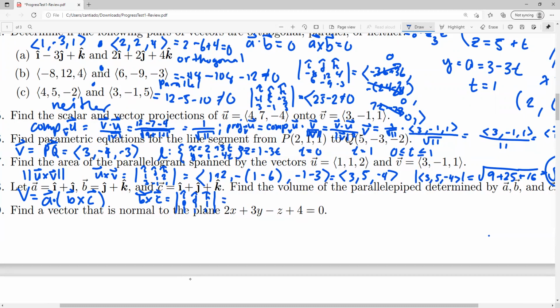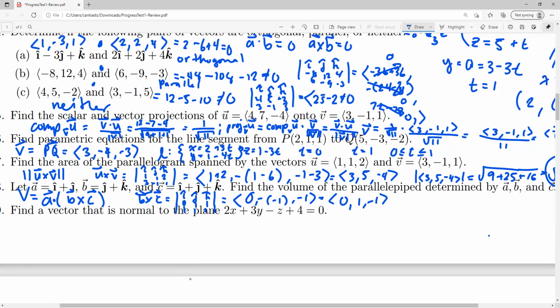Now we take the cross product of these. We'll get 1 times 1 minus 1 is 0. For j, we'll get negative 0 minus 1, which is negative 1, so that'll be positive 1 there. For k is 0 minus 1, which is negative 1. So you'll get your final vector of 0, positive 1, and negative 1.